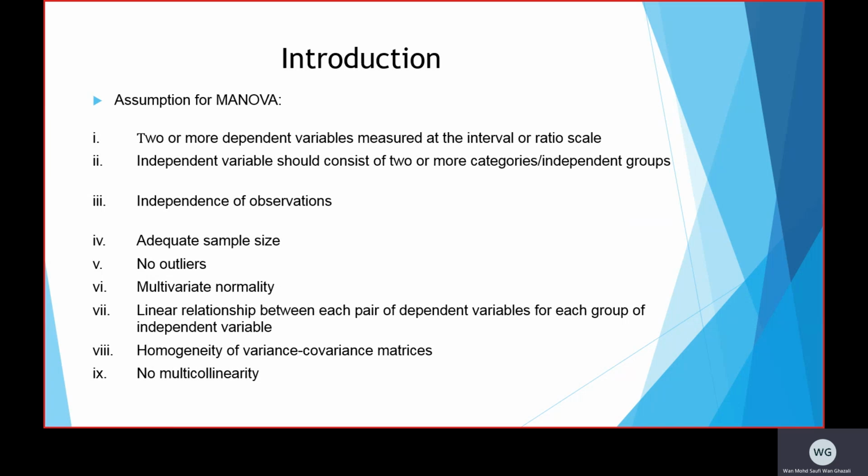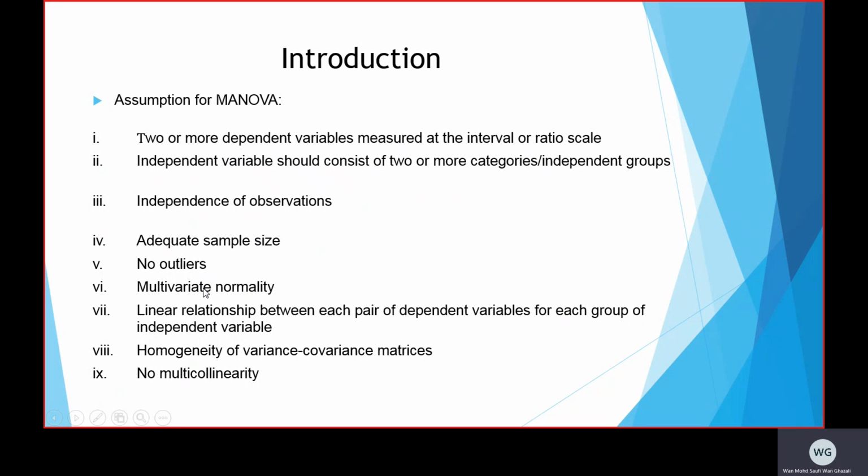Assumptions for MANOVA. First, two or more dependent variables measured at the interval or ratio scale. Second, the independent variable should consist of two or more categories or independent groups. Third, independence of observations. Fourth, adequate sample size. Fifth, no outliers.